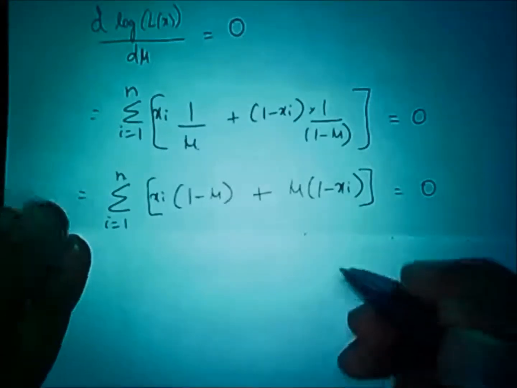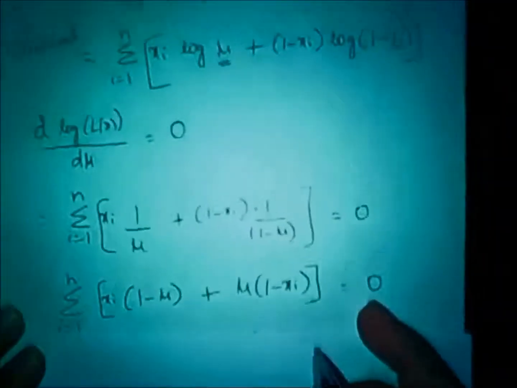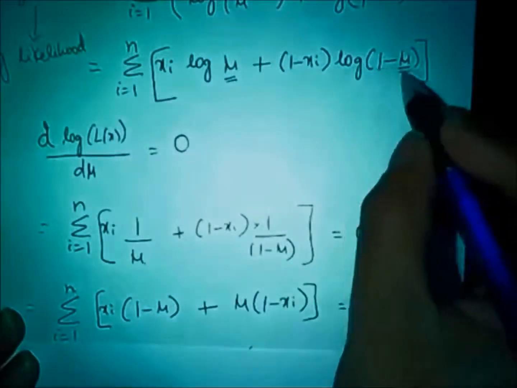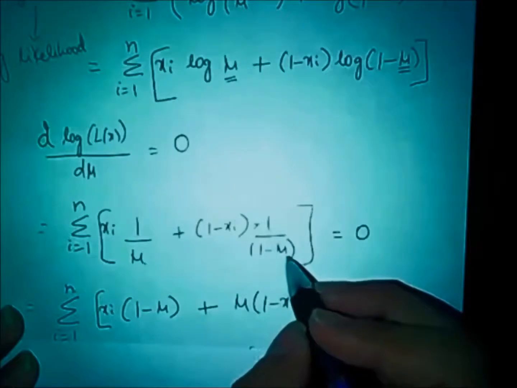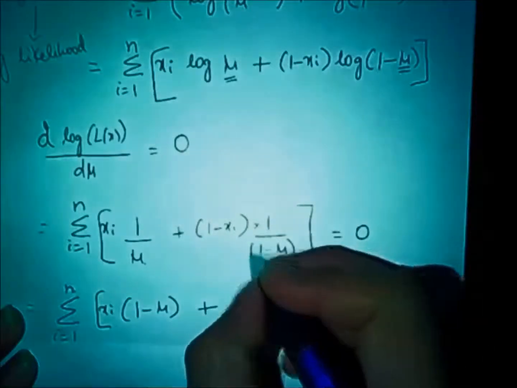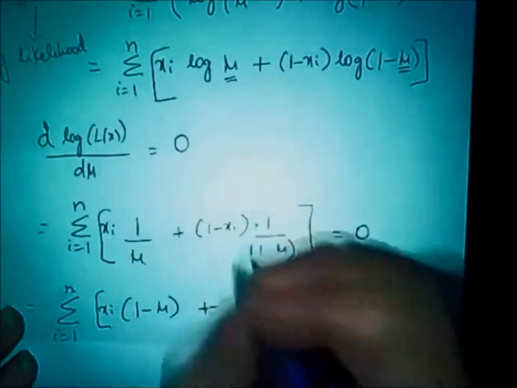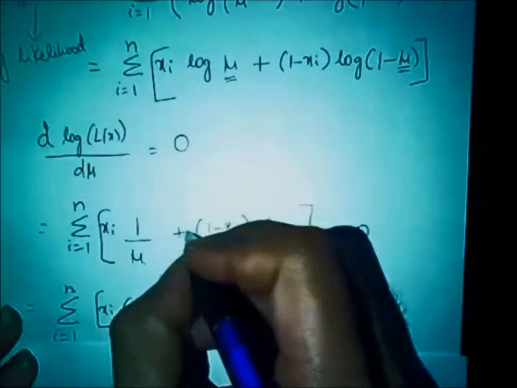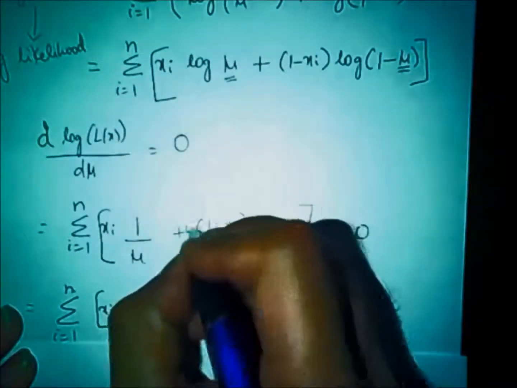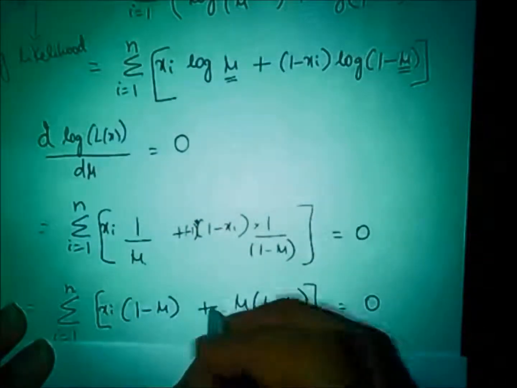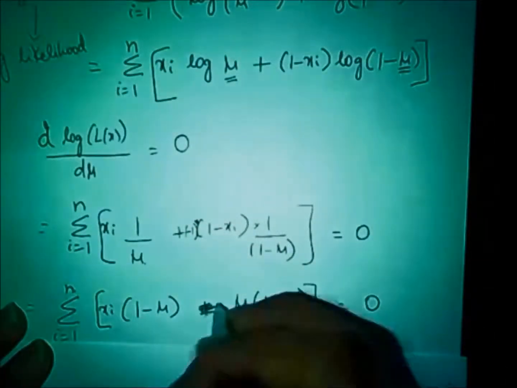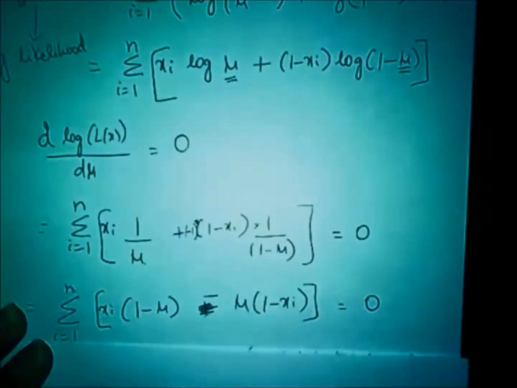I'm sorry, there is a correction. When you differentiate log of 1 minus mu, we don't just get 1 over 1 minus mu, but we also have to differentiate 1 minus mu, and we'll get a negative 1. So this is going to be negative 1 times this factor. So instead of this, we're going to have a negative sign here.